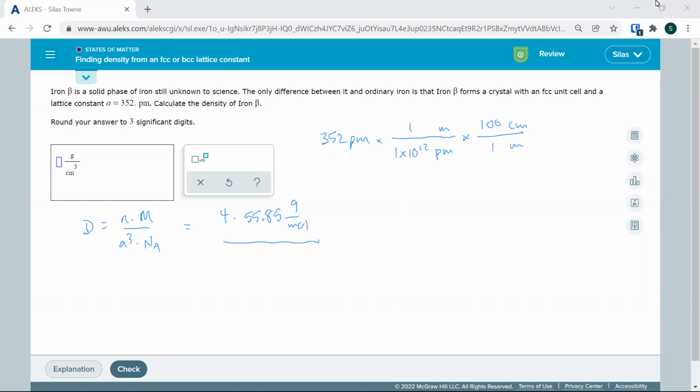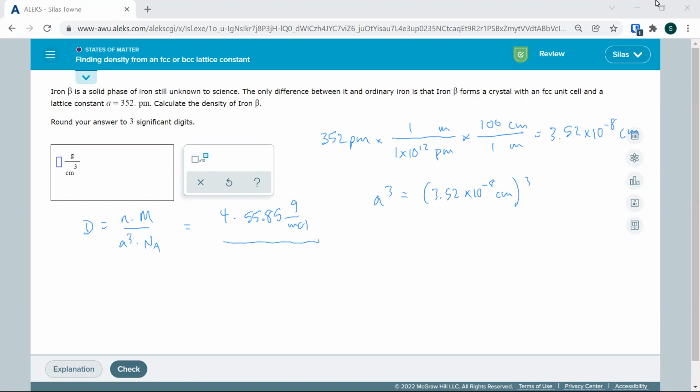Okay, so 352 divided by 1, I'm going to use that EE button to the 12th and times 100. So I get 3.52 times 10 to the negative 8 centimeters. Now that's A. So to get A cubed, I do 3.52 times 10 to the minus 8, and I cube that.